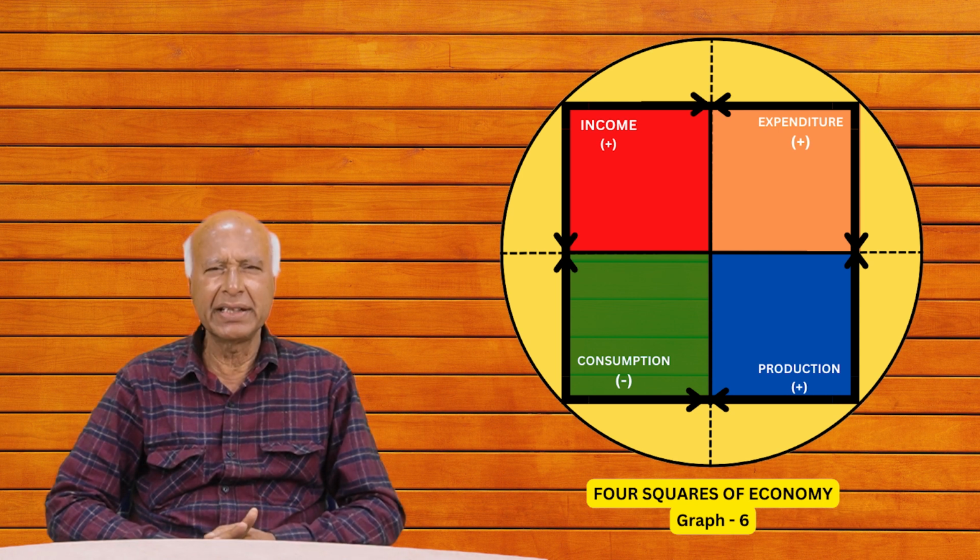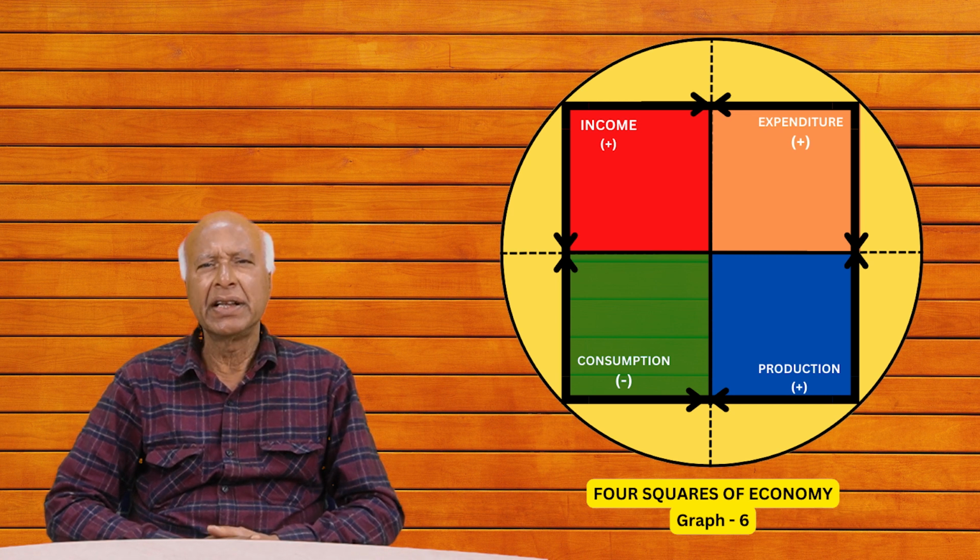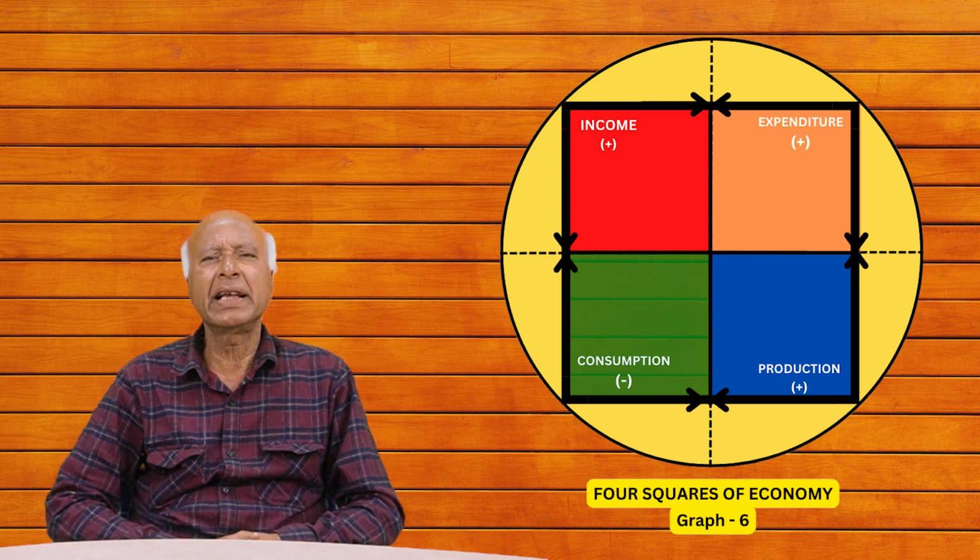For example, if the pole of expenditure gains strength by increasing the area it occupies, the next change will be in the area of pole activity of income. Anti-clockwise, if you see, from expenditure, on the left hand side, it is income.